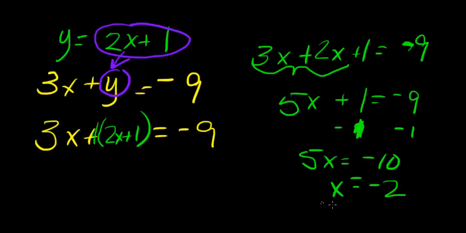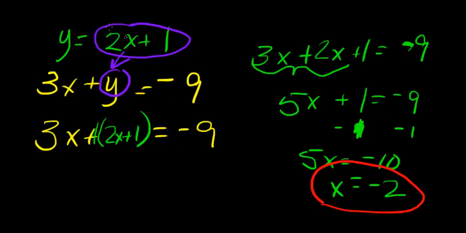Now that's not enough. I have x equals -2, but for my solution I need a value for x and y. So let's think about how we could do that. I know x is -2, and I know that y equals 2 times x plus 1.